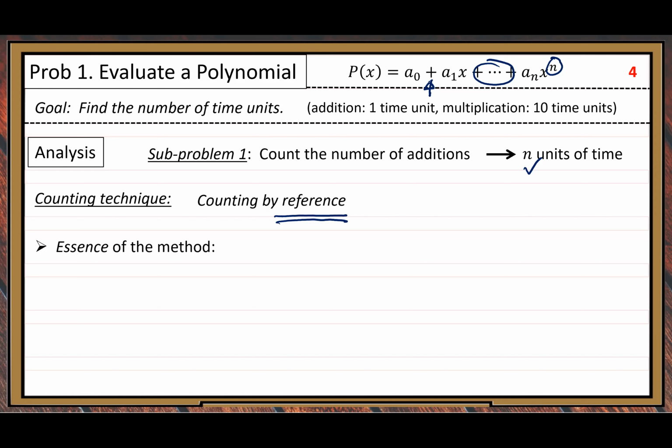But how to keep track of the plus signs? Here is the question: how to keep track of the plus signs? One, two, three, we get lost. Now we need to find a suitable reference to help us keep track of those plus signs.